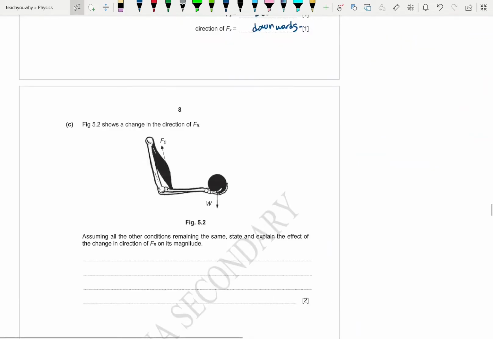Moving on. Assuming all other conditions remain the same, state and explain the effect of the change in direction of Fp on its magnitude. Okay, right now we have a force in this manner, Fp. What do you guys think Fp will be?